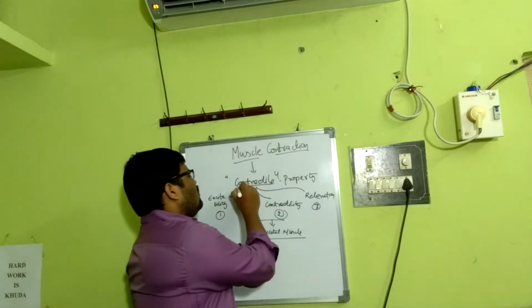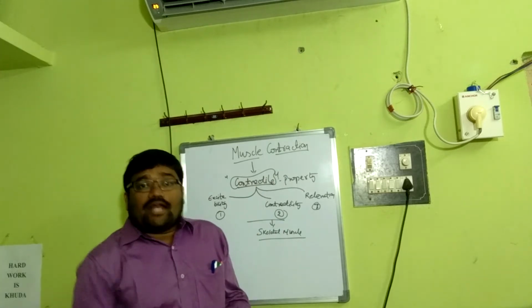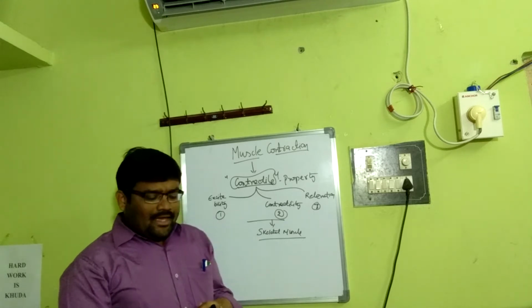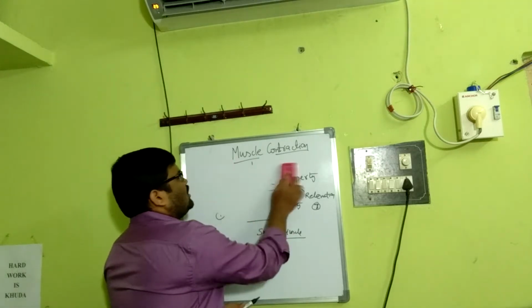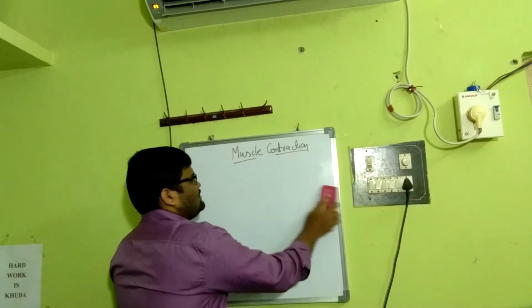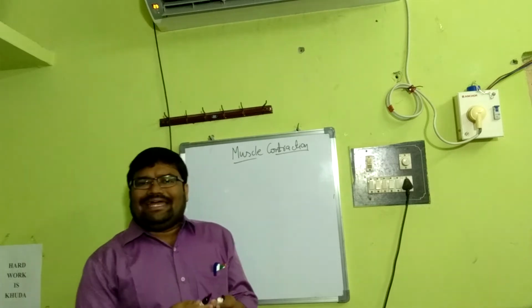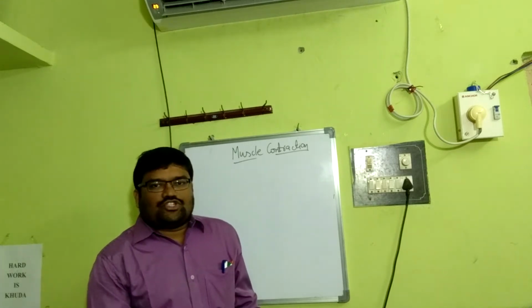The contractile property is most important, the main channel through which different locomotor movements arise. Since we have discussed skeletal muscle, we will be discussing its structural aspects. Before going to a detailed diagram, we are discussing certain basic issues of skeletal muscle structure.